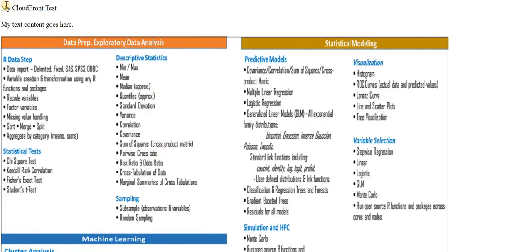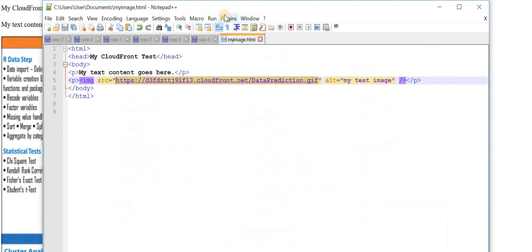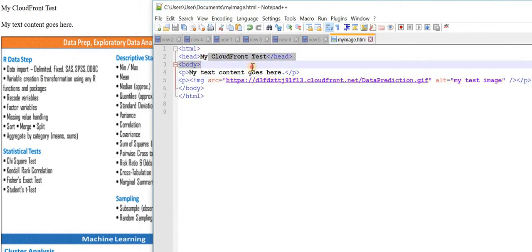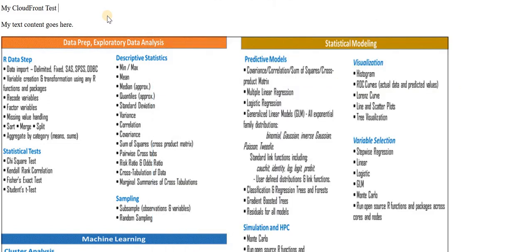It's all the text we've created: my CloudFront test, my text content goes here, and the image here. So it's accessing the web page via CloudFront, which is distributing pages in Amazon services.